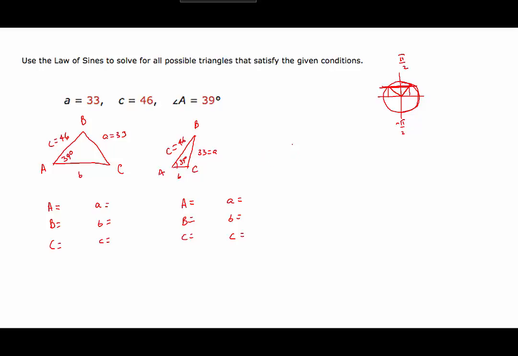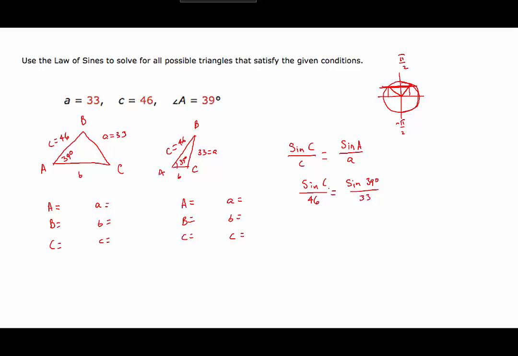So we will begin by solving for angle C. So we'll use the form sine of C over C equal to the sine of A over side A, which we know. So we'll have the sine of C over 46 is equal to the sine of 39 degrees divided by 33.